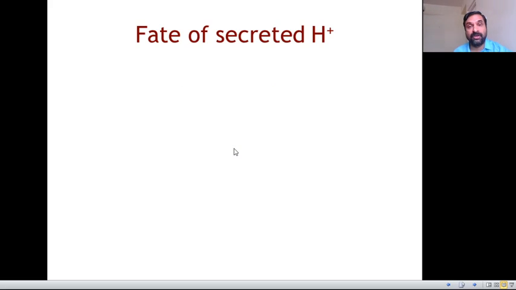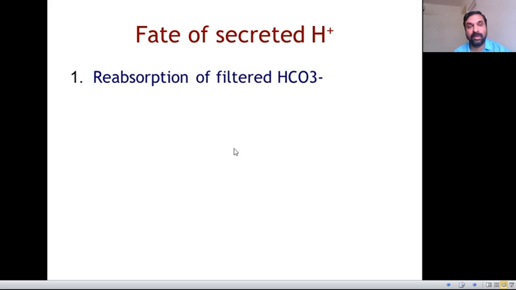So what is the fate of secreted H plus? It is reabsorption of filtered bicarbonate, that is early part of PCT, by sodium H plus counter transport in the early part of PCT.